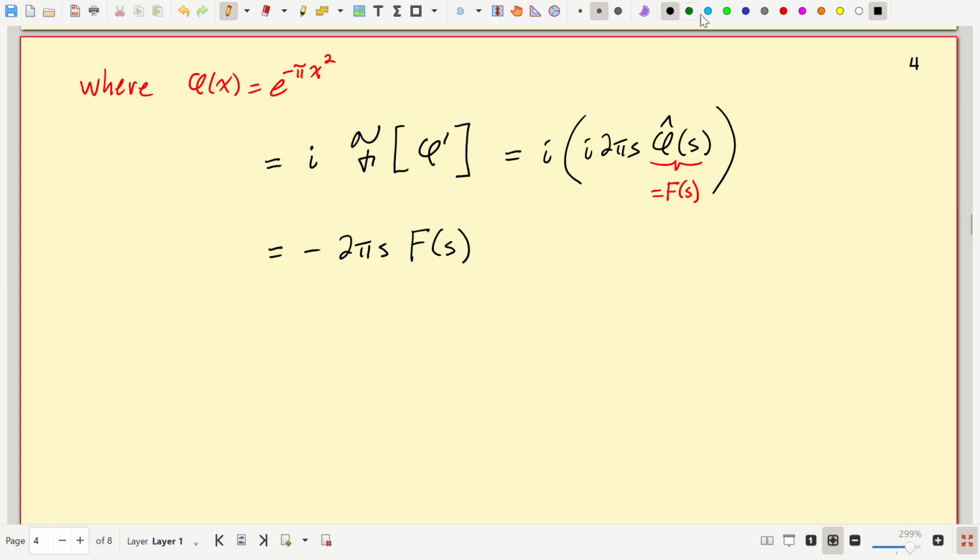So the next step is to solve the ODE. And it's a simple linear ODE. Let's see, so we got f prime of s, and when I put it on the other side, I get plus 2 pi s times f of s equals 0. That's a first order linear ODE.